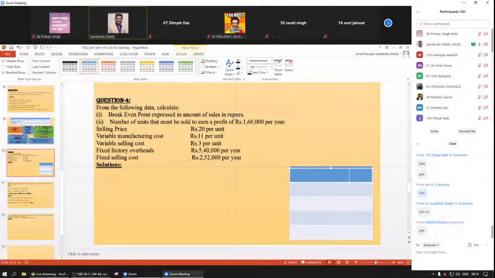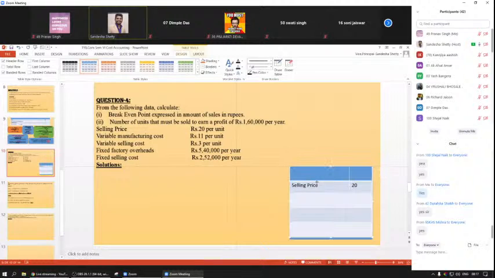Yes. So now let's maintain a working note here. On the right side we will write the working note. What is the first thing? That is sales. You know that. Selling price per unit is given. Selling price is ₹20. Correct?